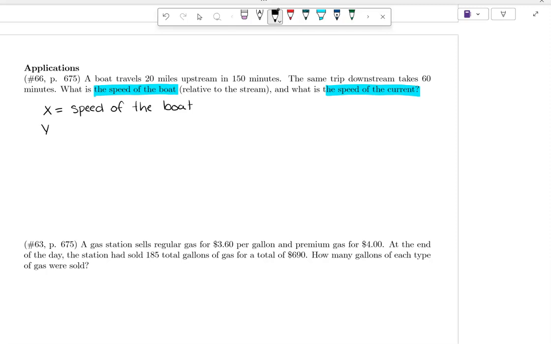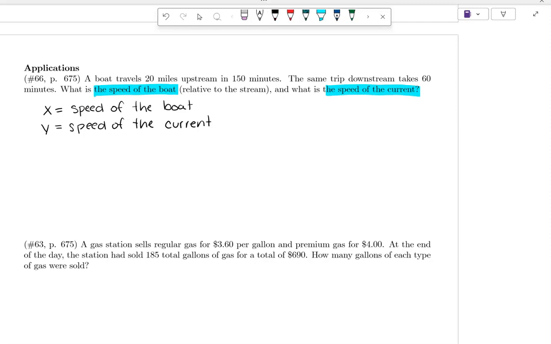So x is equal to speed of the boat, y is equal to speed of the current. When you get application problems for elimination and substitution, I highly suggest you look at the problem, because the other numbers are in there that are going to help you, but start with the very last question to figure out what you're looking for.